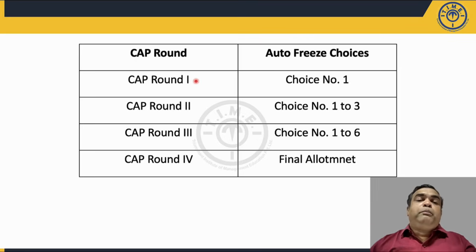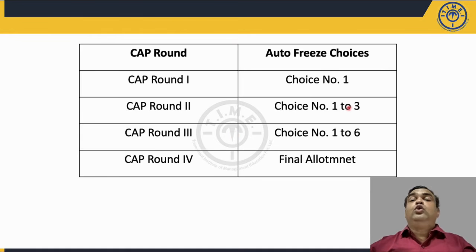Before going for the list of colleges in the option form, you have to understand that in CAP round 1, choice number 1 gets auto freezed. What does that mean? Whatever is your choice number 1, if that college is allotted to you, you have to take admission in that college. You are not eligible for further rounds.